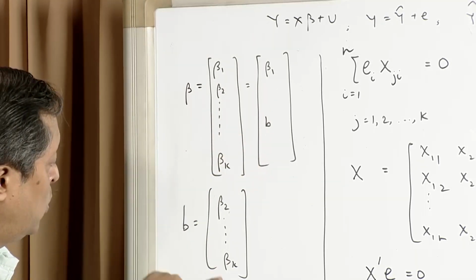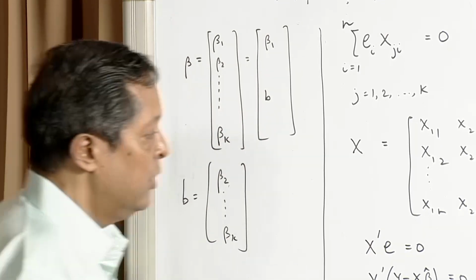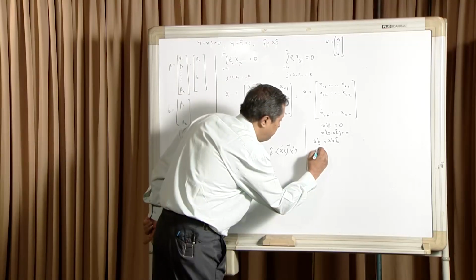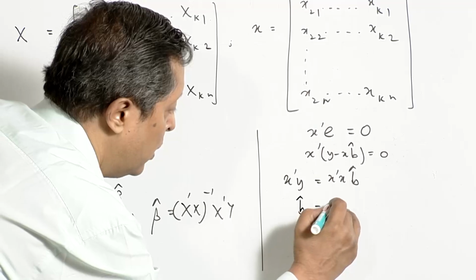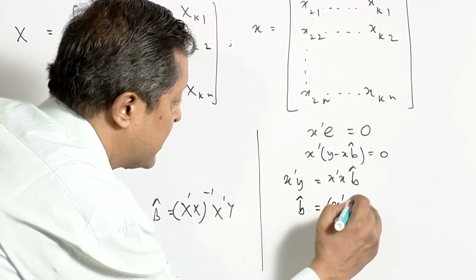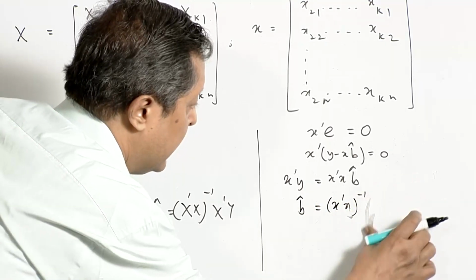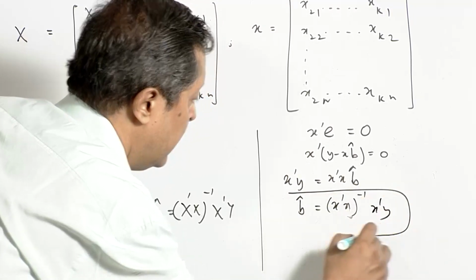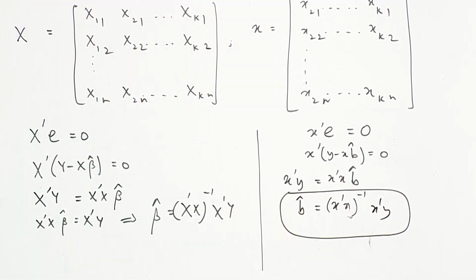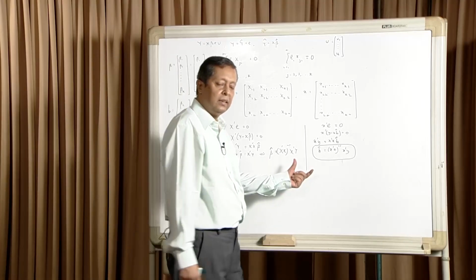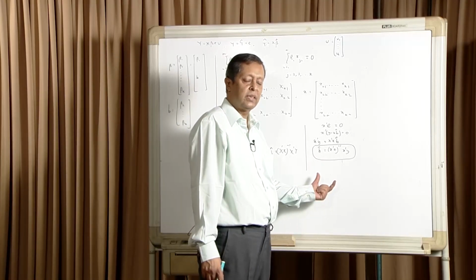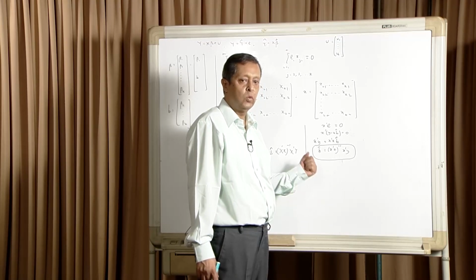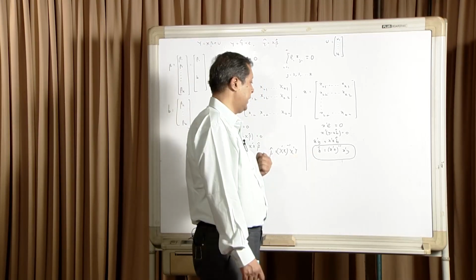So, that b is beta 2 up to beta k. So, from here we have b hat is equal to x prime x inverse x prime y, and this expression, when we did it for the 3 variable model, is exactly the 2 normal equations that we solved for beta 2 hat and beta 3 hat.